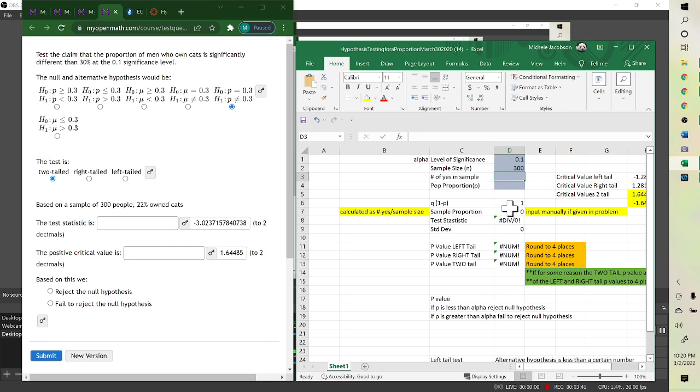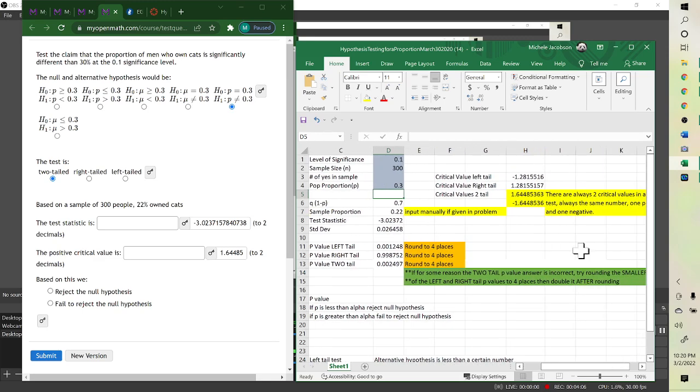The number of yeses was 22%. When you get a percent, you can plug it in here, 0.22. And then the proportion was 0.3. The test statistic is right here. The critical value is over here.